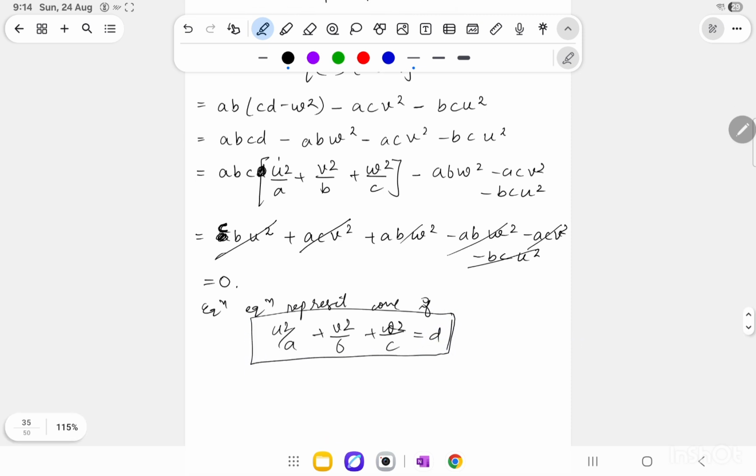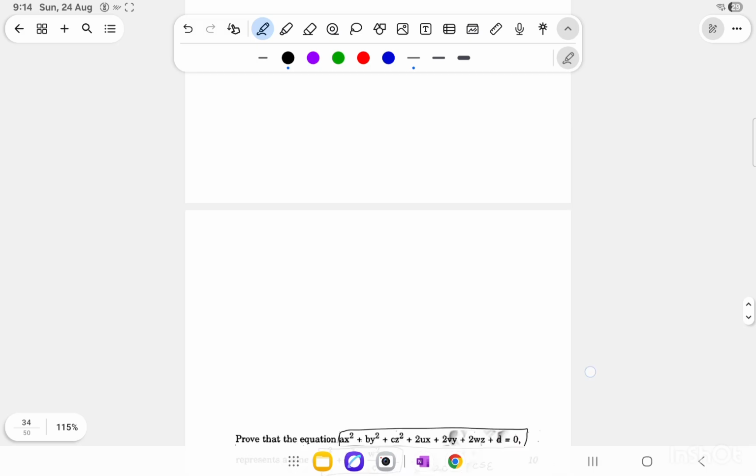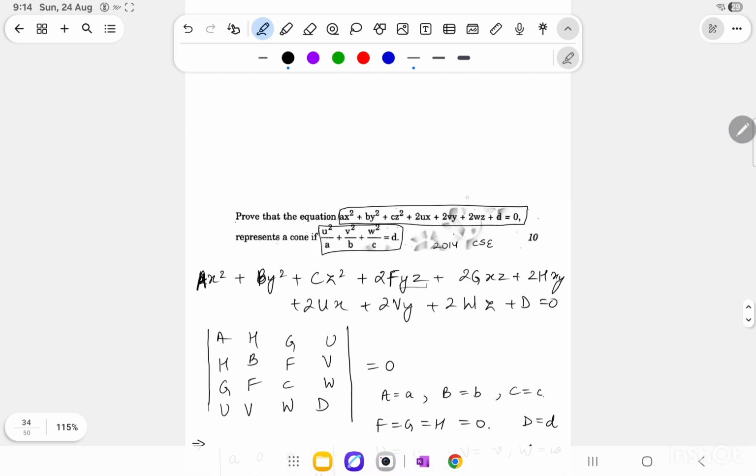So what you can do is convert the given equation into a homogeneous equation by substituting t equals 1, and then the given equation will turn out to be ax square plus by square plus cz square plus 2uxt plus 2vyt plus 2wzt plus dt square equals 0.